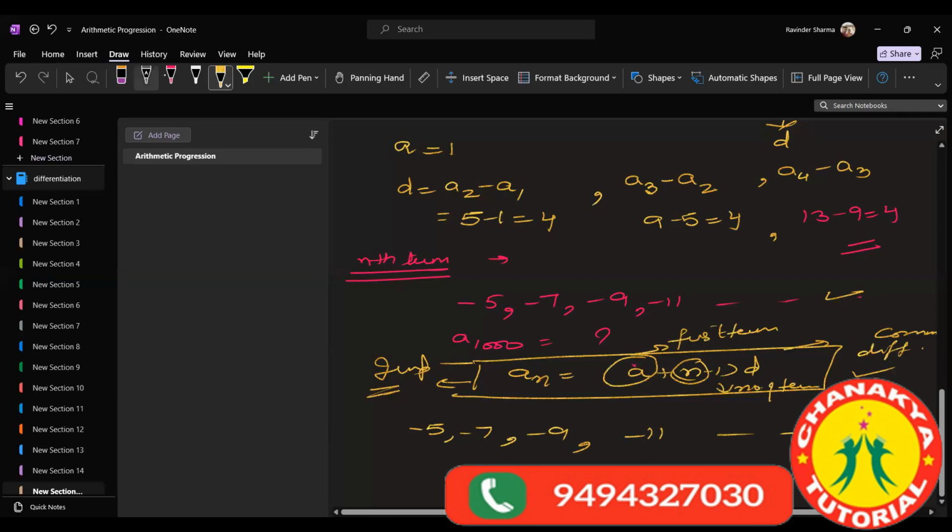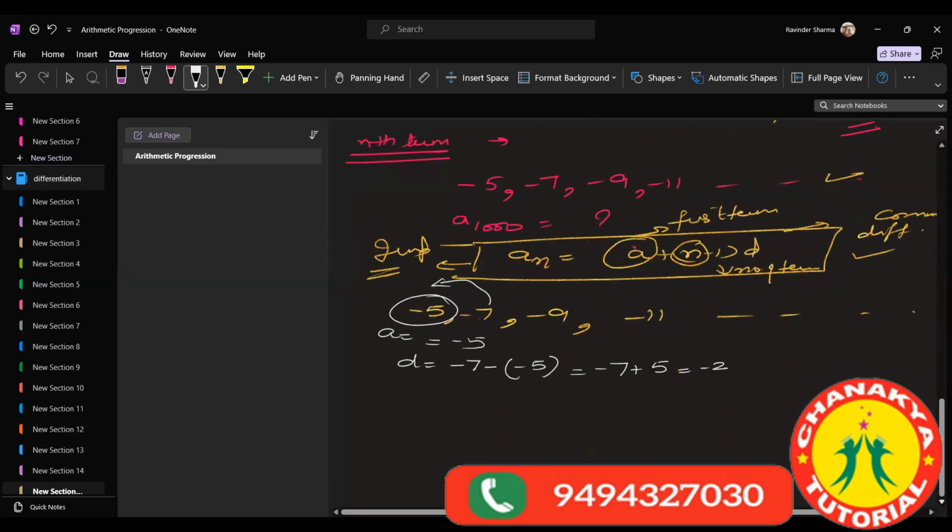First, we will find the value of a. What is your first term? The first value of the series, so -5. Now find the common difference, the difference between two consecutive terms. So -7 minus (-5), because my second term already has a minus sign, so -7 plus 5, so -2.